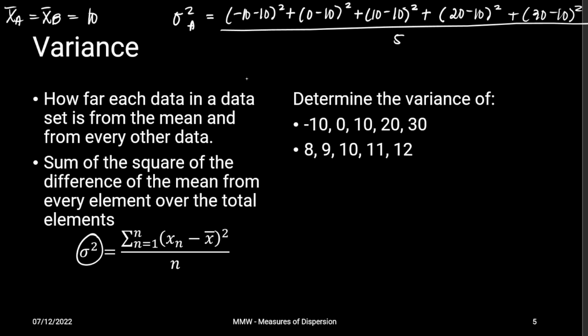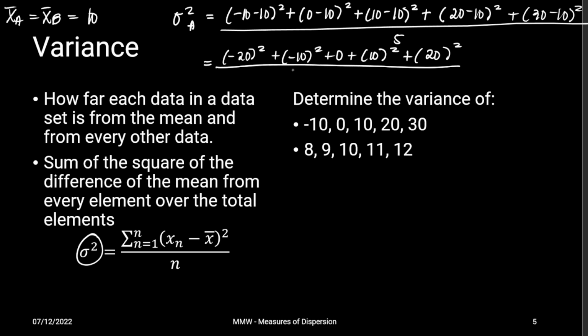So we have, this is equivalent to negative 20 squared plus negative 10 squared plus 0 plus 10 squared plus 20 squared, all over 5. So let's bring out our calculator.